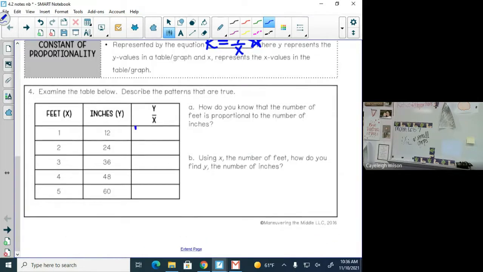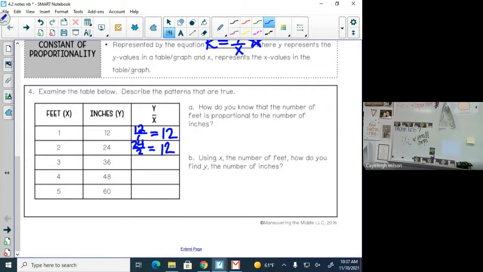So I'm going to take 12 divided by 1, which is 12. And I'm going to do that for all of them. And if they're all the same, then that's how we know the constant of proportionality. That's how we know that they're all constant. So the next one, I'm going to take 24 divided by 2, which is 12.